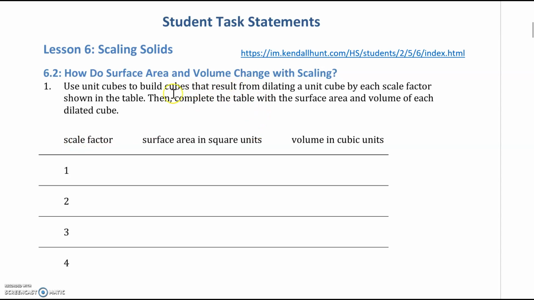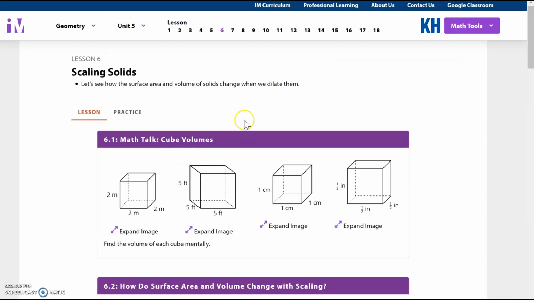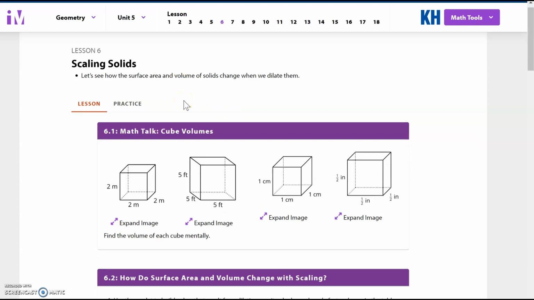First of all, since we're not in the physical school building, and I'm assuming you do not have unit cubes kicking around, I posted this link on the Google Classroom. If you click on this link, it takes you to the Illustrative Math website, to the online lesson.